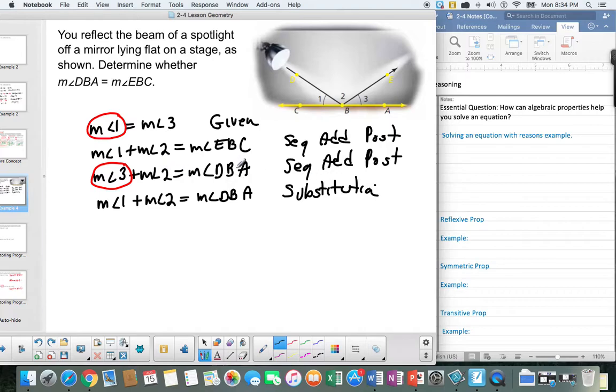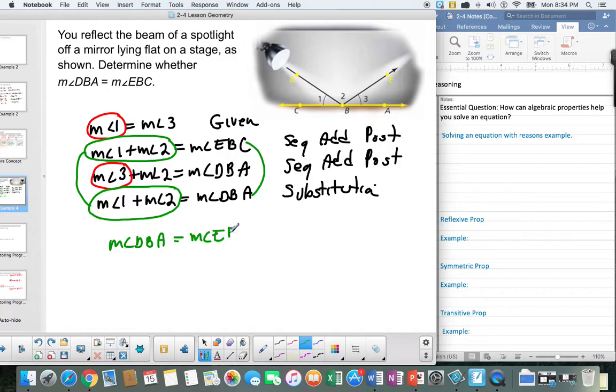All right, so now I have two things that equal this. So this and this, and measure of angle 1 plus measure of angle 2, they're exactly the same. So these two are the same. So that means these two are the same. So now I can say the measure of angle DBA is equal to the measure of angle EBC.